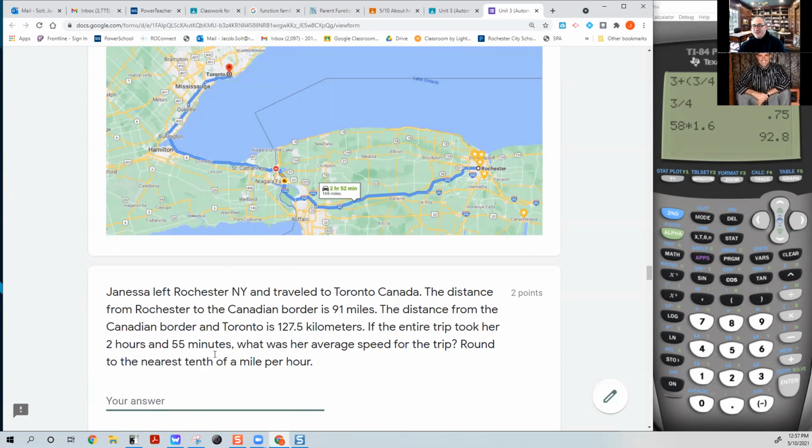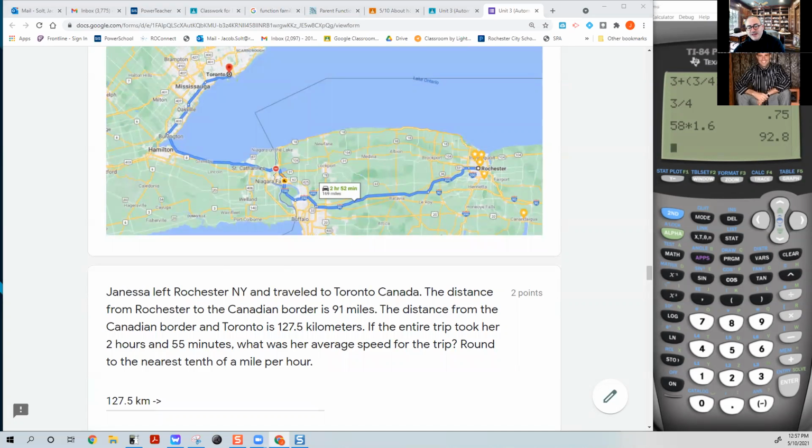Your first step is to get all your distances in miles. To do that, I need to take this 127.5 kilometers and convert it into miles, which means I'll need to use a conversion factor.